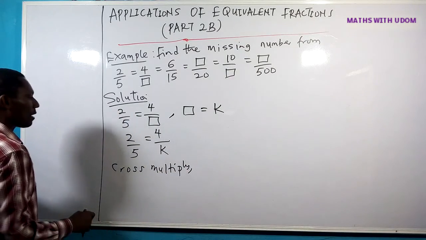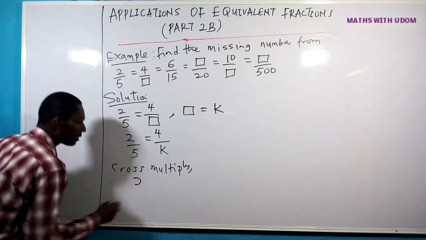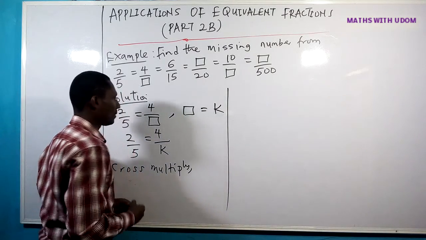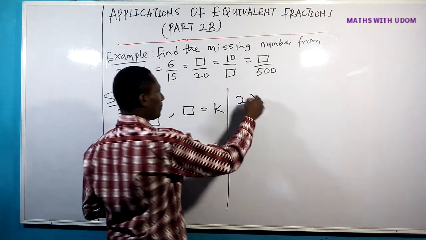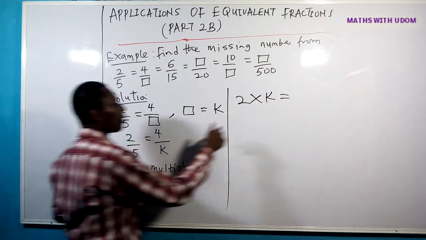If I cross multiply, what do I have? I will have 2 multiplied by K equals to 5 multiplied by 4.